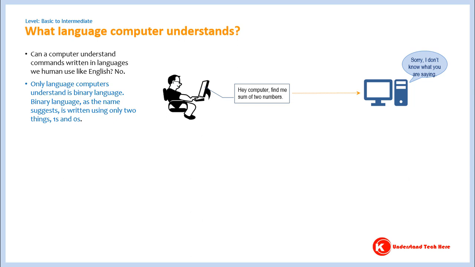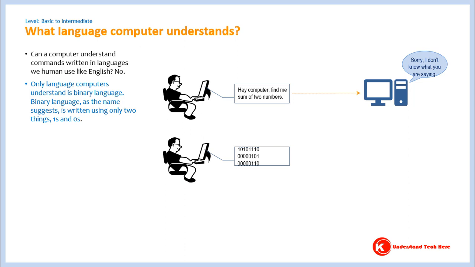The only language a computer understands is binary language. Binary language, as the name suggests, is written using only two things, ones and zeros. So, a person sitting at his computer, instead of typing, "Hey computer, find me the sum of two numbers," types a bunch of ones and zeros.